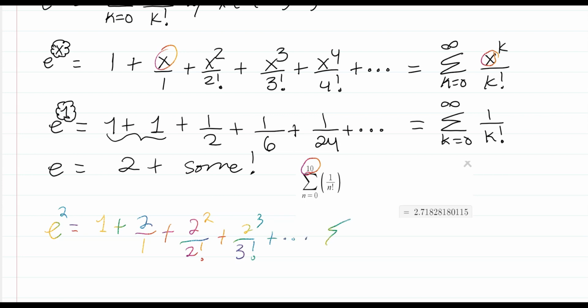And then that would be the sum from k equal to 0 to infinity of 2 to the k power over k factorial. And what you could do is go to decimal and use the summation function to do the approximation, and you would be able to get e squared. Okay, so that's one application of the Taylor-Maclaurin series.